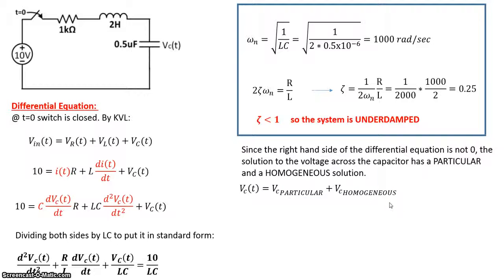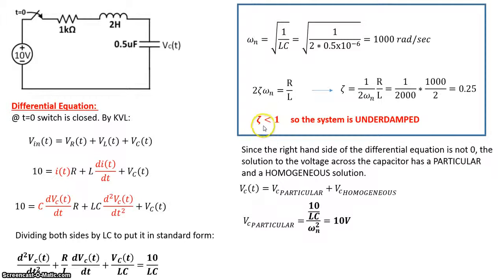So let's figure out what the particular solution is. The particular solution is basically the forcing function divided by omega n squared. So we have 10 over LC divided by omega n squared. We already calculated omega n as 1000, so that gives us 10 volt total. So the particular solution is 10 volt.